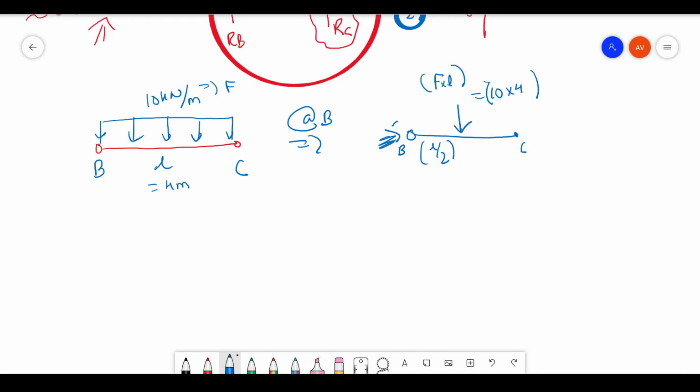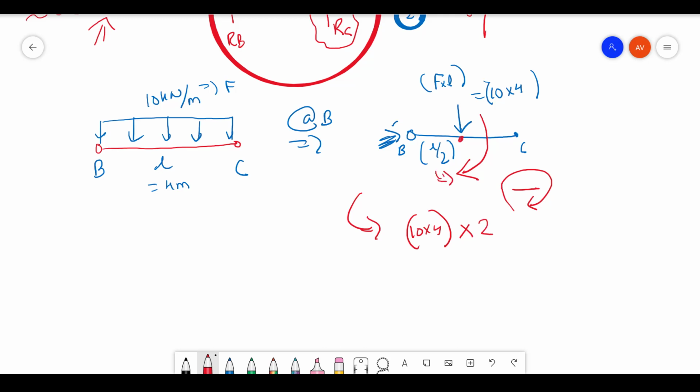Now your moment is going to be in this direction, which is negative, unlike the previous case. Your moment is going to be 10 into 4, which was your force, into L by 2. Since it acts at the middle, L by 2 is 2. This is your second quantity. Now we know that the net moment at the joint B is equal to 0.